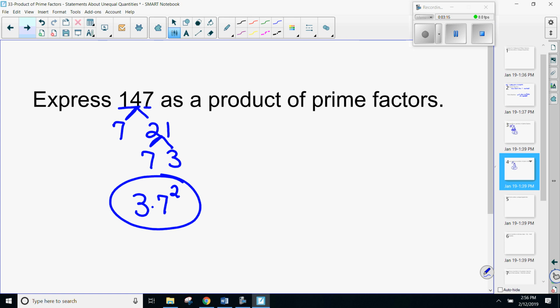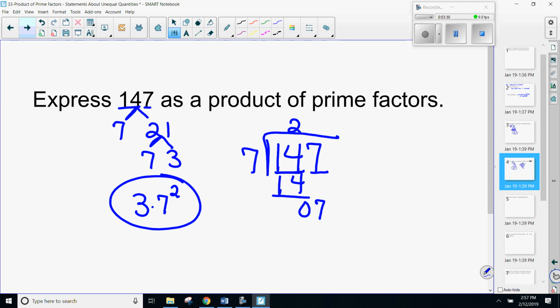I see that its digits are 14 and 7. So if I divide by 7, 7 goes into 14 twice, which leaves you with 0. Bring down your 7 and it goes in there once.